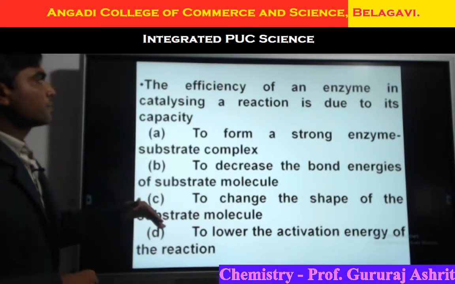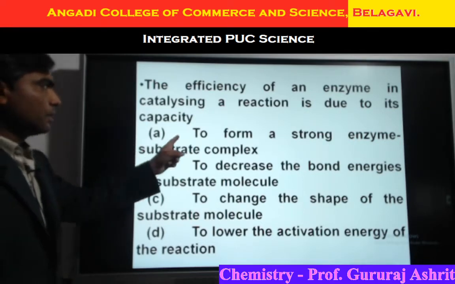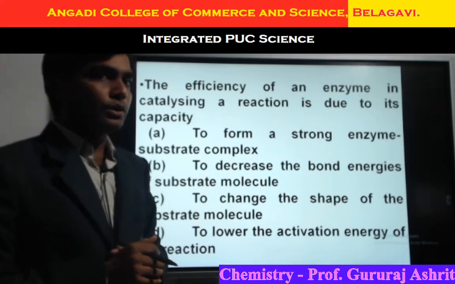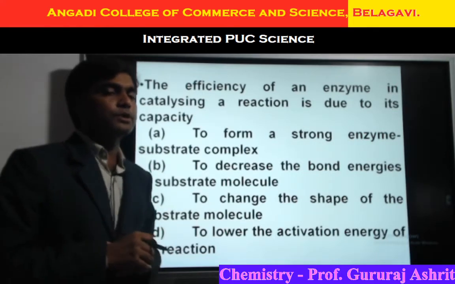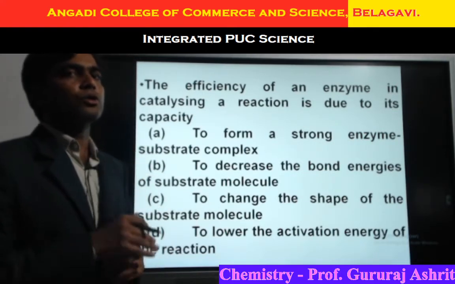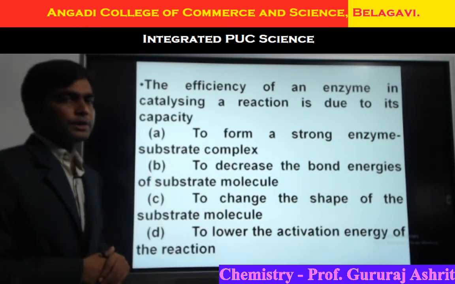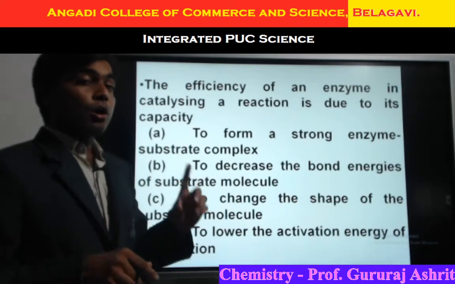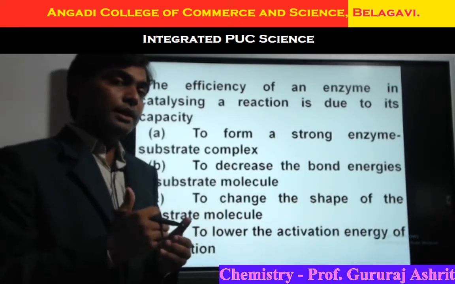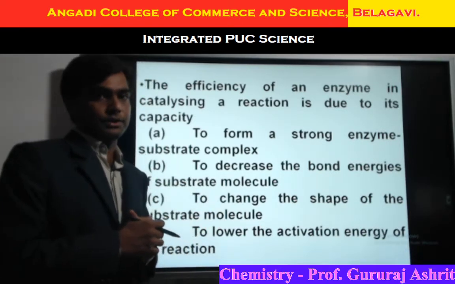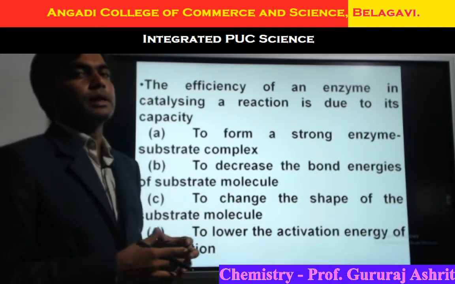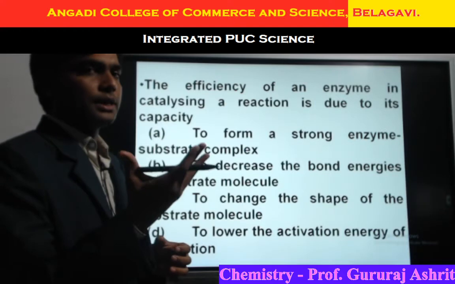Okay, what are the meanings of these? To form a strong enzyme substrate complex: as I already told, the ES enzyme substrate complex is weak, it is not strong, hence the first option is wrong. To decrease the bond energy of the substrate molecule: as I told you, there the bond energy will be increased. There will be no decrease, because bond energy is nothing but the formation of the bond, in which energy is released.